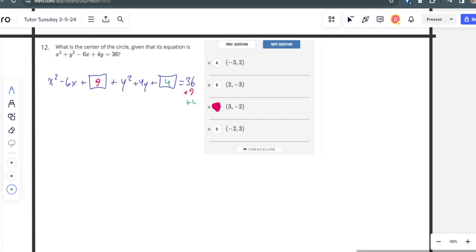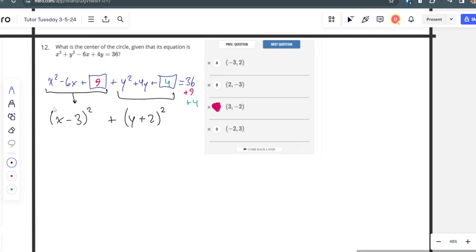A couple things to explain here. Why did I do that? Well, now you can see that this here is perfectly factorable. Basically that's the formula for finding the constant term that you need to make this perfectly factorable, as this is going to be x minus 3 squared. This here is going to be y plus 2 squared.